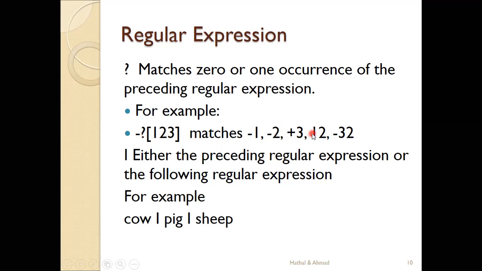For the input +3, you cannot use this expression, because there is no plus symbol present to recognize it. That's why +3 is an invalid input here, whereas -1, -2, 12, -32 are all valid inputs.